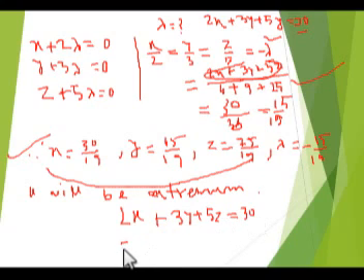Then we can very easily reduce the function of three variables to two variables through x and y. How is this? So this will be 6 minus 2 by 5 x, and this will be 3 by 5 y.